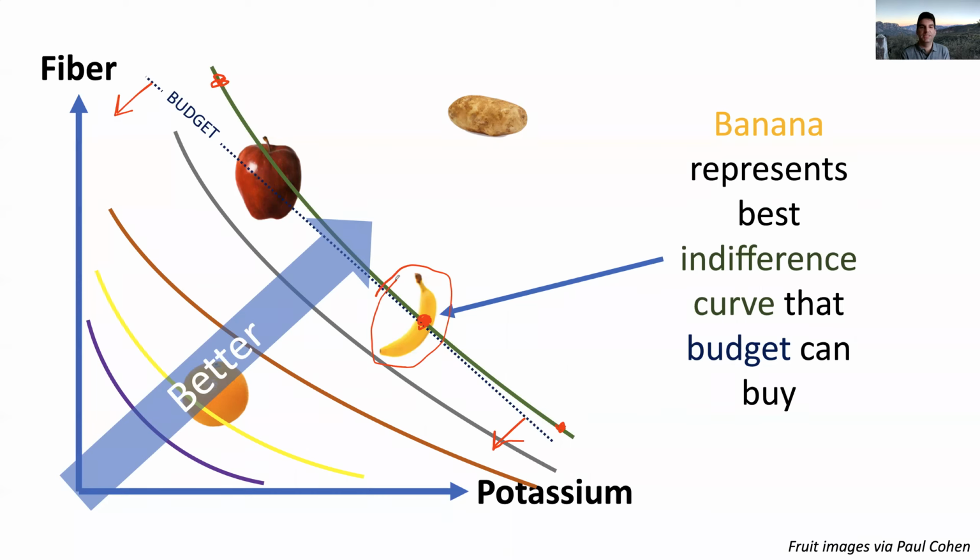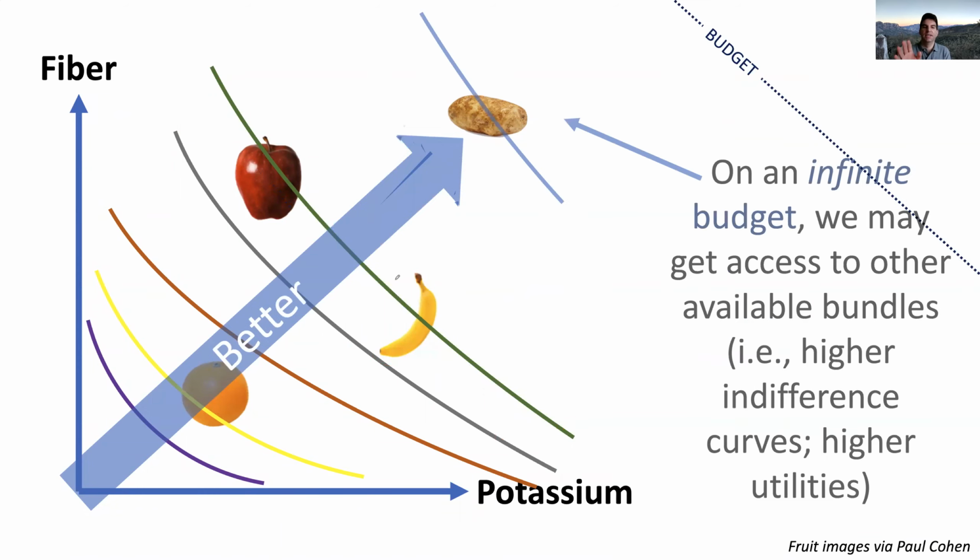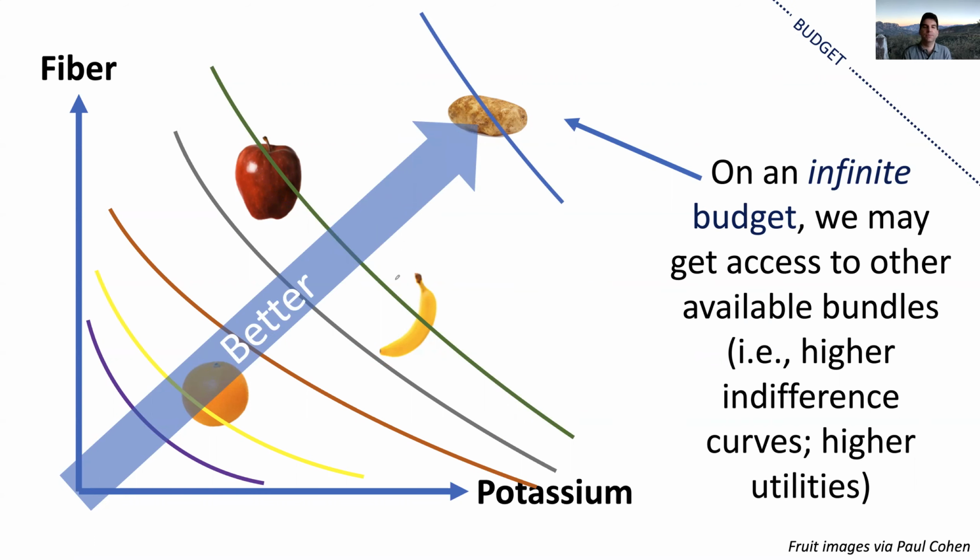So naturally, the potato, it's hanging out there. If I were to take my budget and increase it, then the reason I choose the potato is it allows me to achieve a higher indifference curve within my feasible budget set. So if I had an infinite budget, I'd always choose the potato because it brings me to a higher indifference curve.